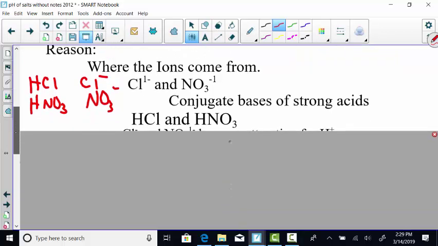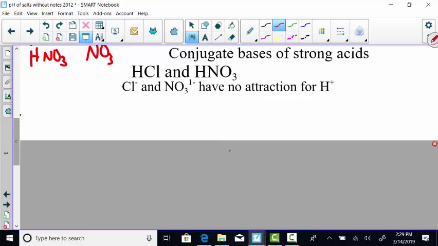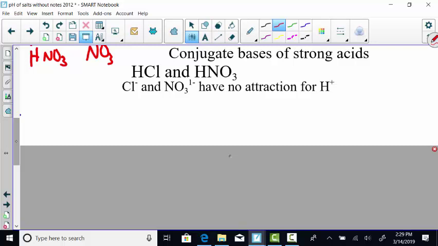Because they are conjugates of that, the Cl minus and NO3 minus have no attraction for hydrogen. They don't want anything to do with that H plus. Part of the reason is easiest to see with Cl. If you look at the dot structure of chlorine, chlorine is literally short one electron.